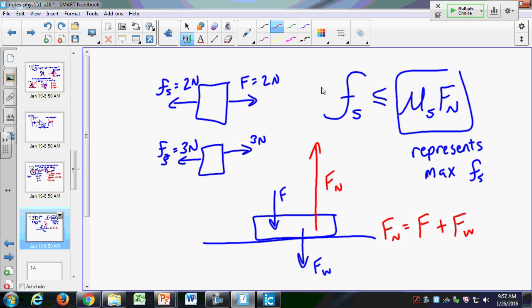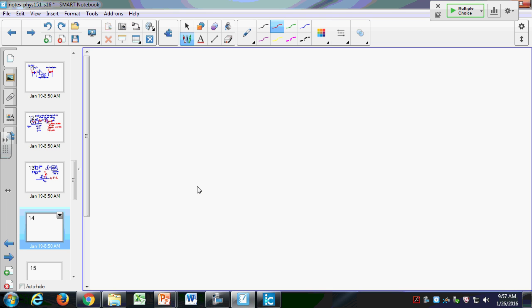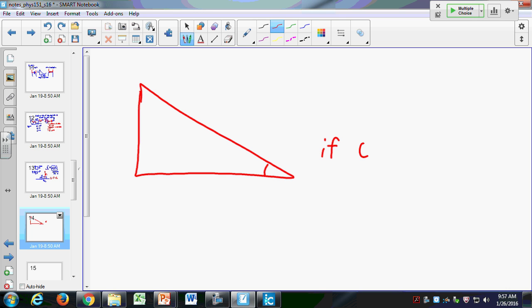Well, let's go back to the inclined plane. As I have my inclined plane, we talked about this, as I increase the angle, the normal force decreases. What happens to the static frictional force that holds whatever it is on the inclined plane?